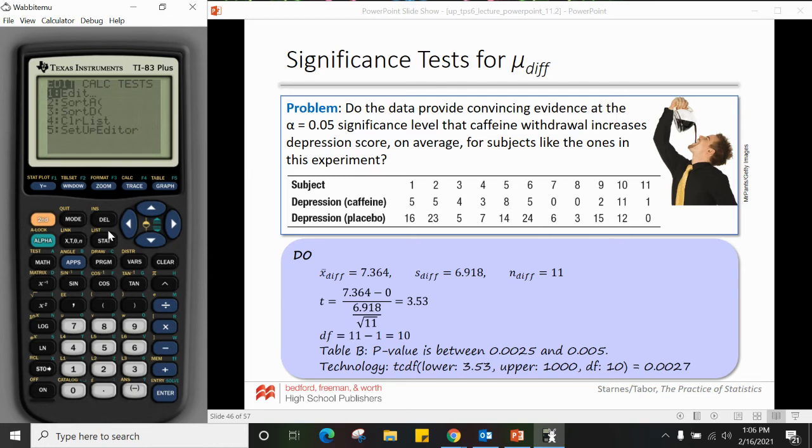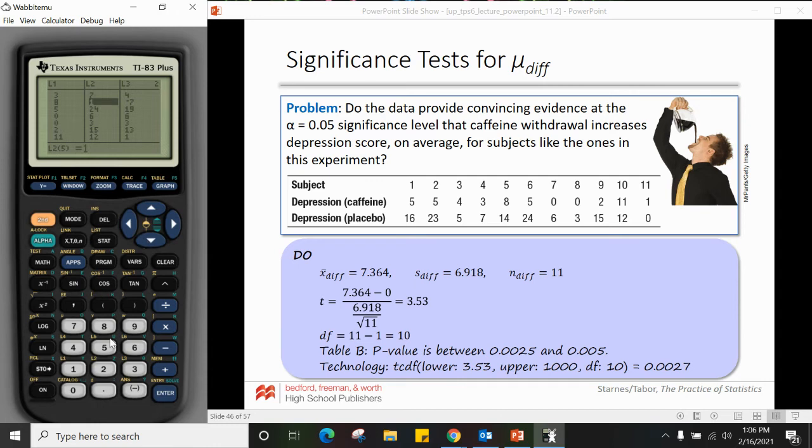It appears maybe I typed my data in wrong. 5, 4, 3. Oh, here we go.